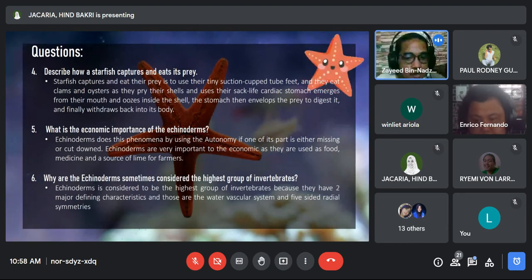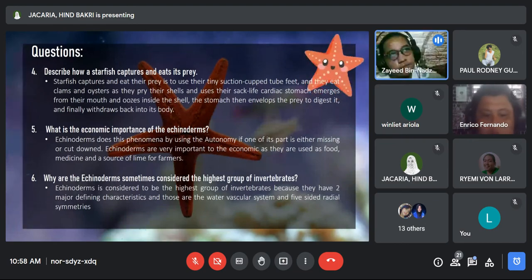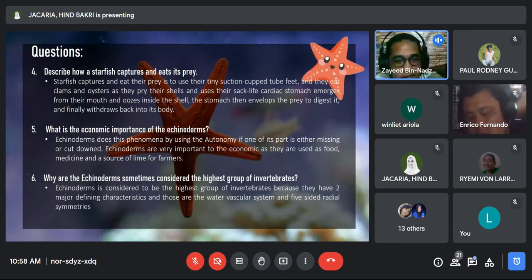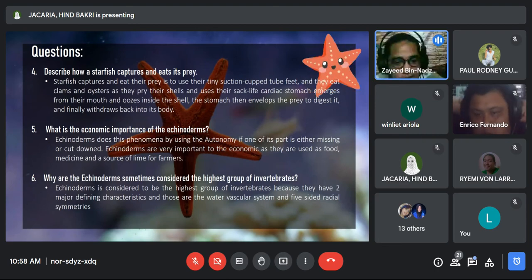And the last question is, why are echinoderms sometimes considered the highest group of invertebrates? Echinoderms are considered the highest group of invertebrates because they have two major defining characteristics: the water vascular system and the five-sided radial symmetry.